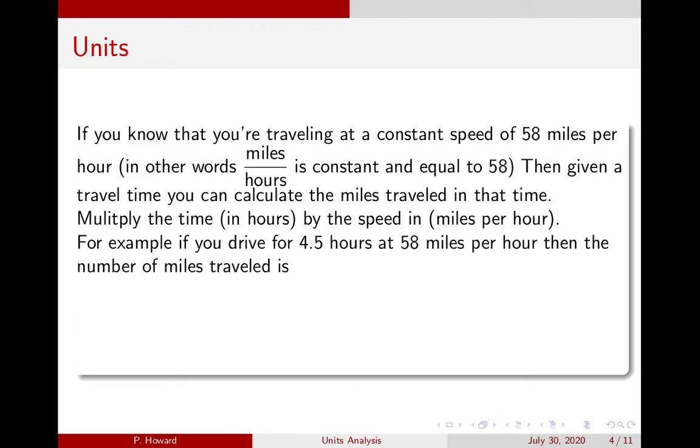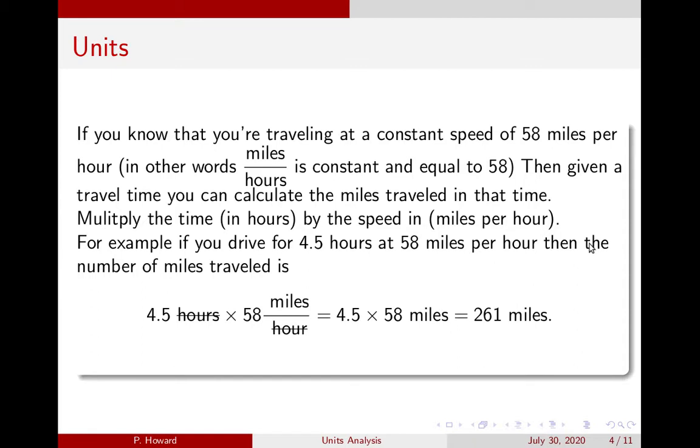So, for example, let's suppose you drive for 4.5 hours at 58 miles per hour. If I ask you for the number of miles traveled, you would probably, without thinking about it too much, multiply 4.5 times 58. And that's exactly how the conversion is made.